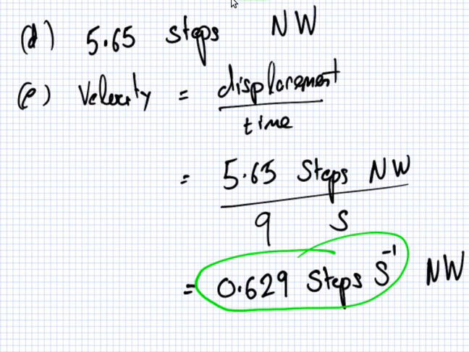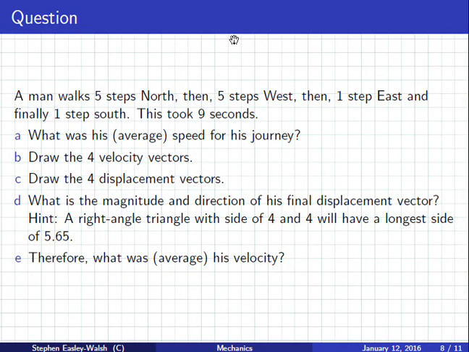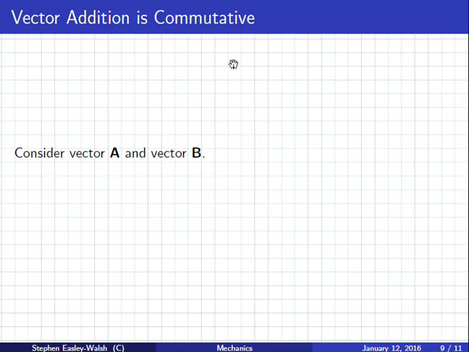So the number of steps he took will be 5 plus 5 plus 1 plus 1. So he took 12 steps. So it's 12 divided by 9. So the first one, his speed, is the distance divided by time.